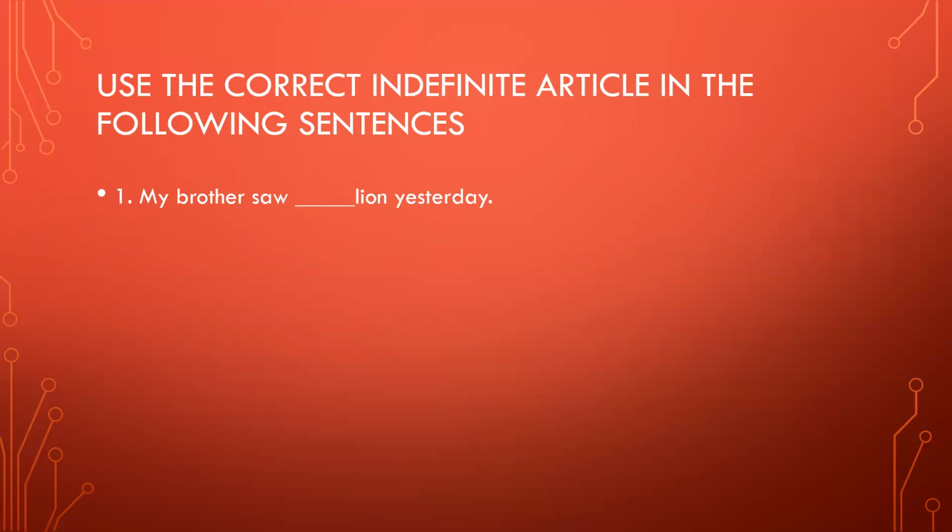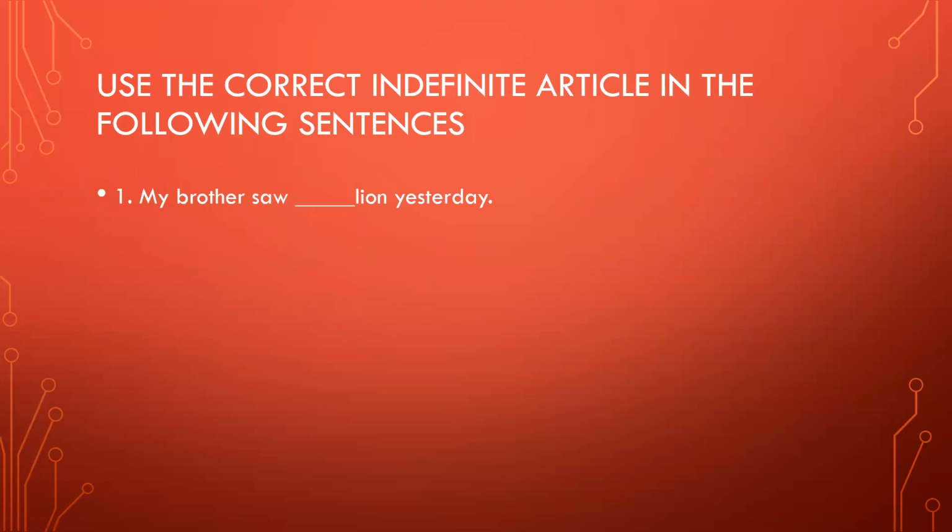Now, first of all, you need to think whether you should use a definite article or an indefinite article. Are we talking about any lion in particular, or are we talking about just any lion? Has this lion been mentioned before or not? After you decide whether it should be a definite article or an indefinite article, if it's a definite article, you have to use the, and if it is an indefinite article, it should be either a or an.